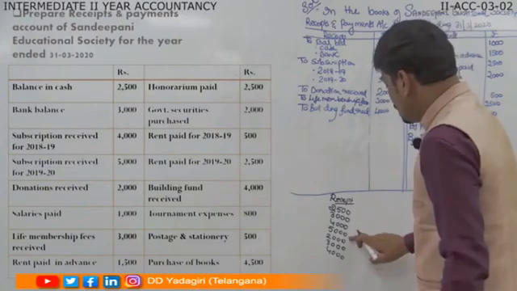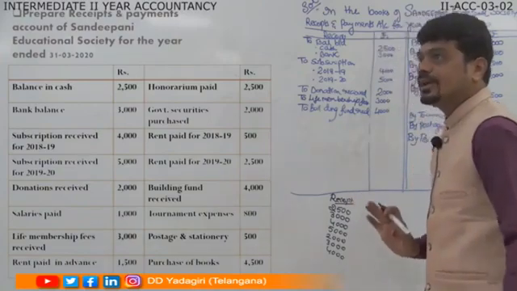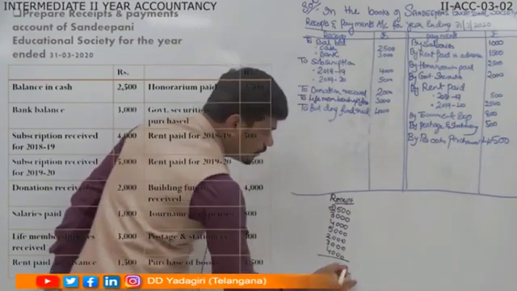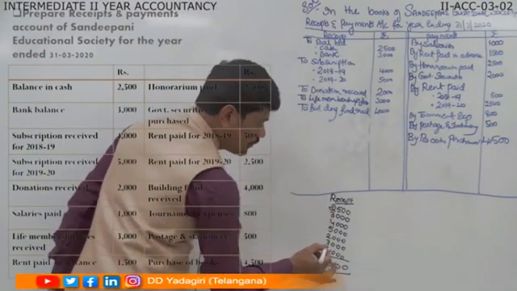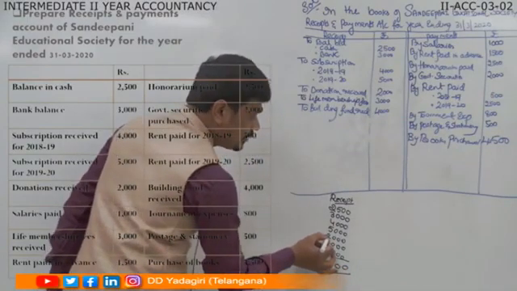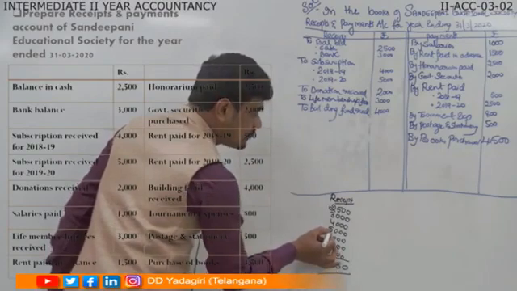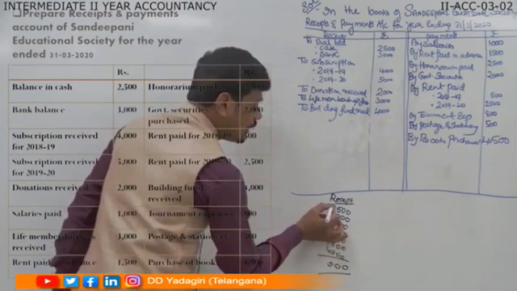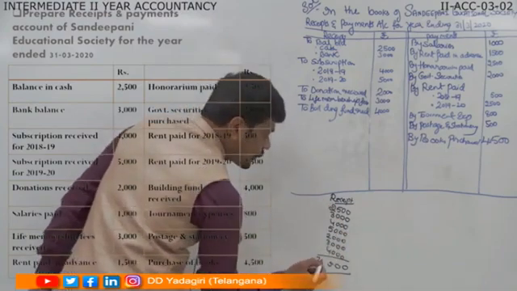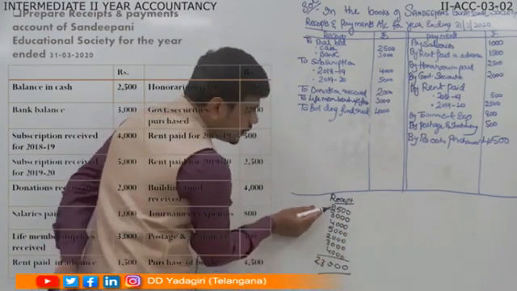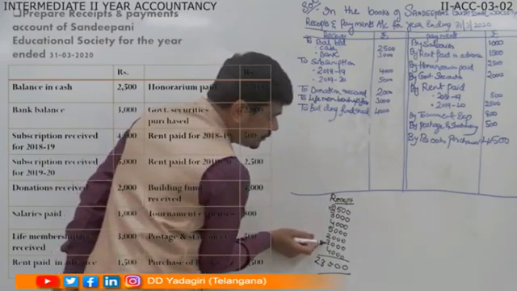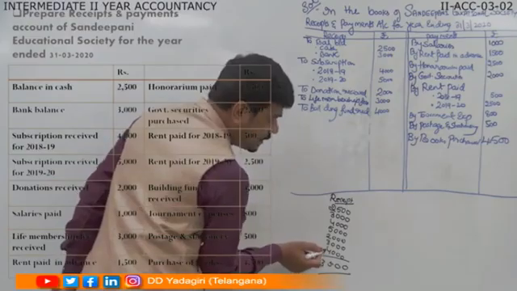Cross check. If we do the total: 5, 4 plus 3, 7, 7 plus 2, 9, 9 plus 5, 14, plus 4, 18, 18 plus 3, 21, 21 plus 2, 23. Again cross check if you want: 3 plus 2, 5, 5 plus 4, 9, 14, 15, 16, 16 plus 3, 19, 19 plus 4.